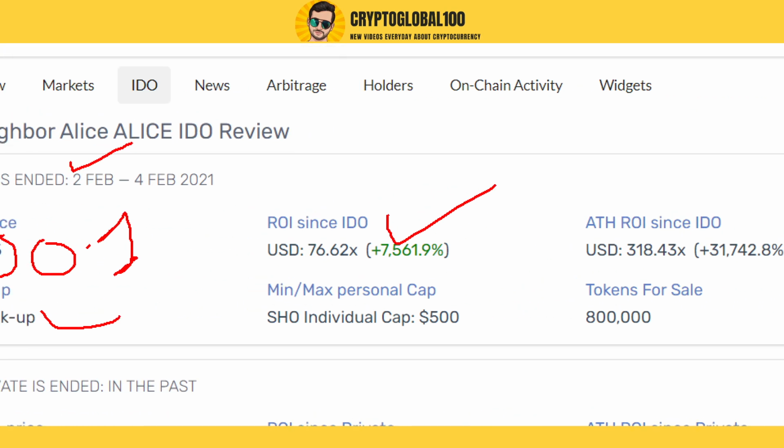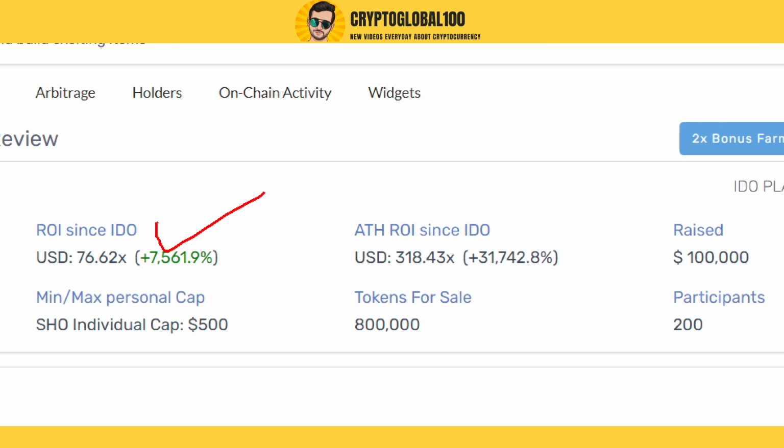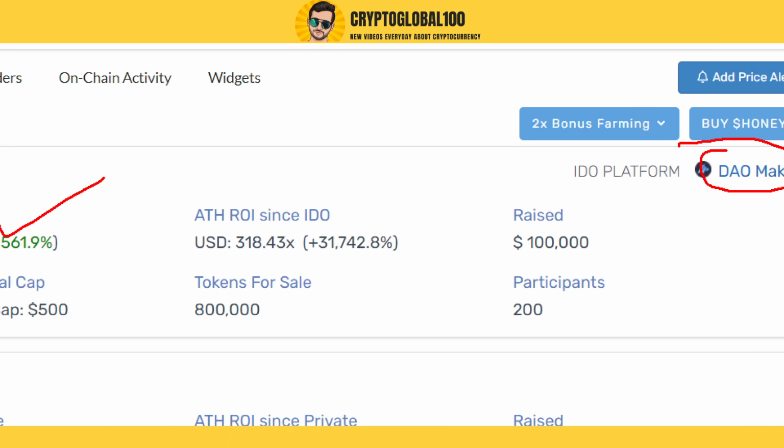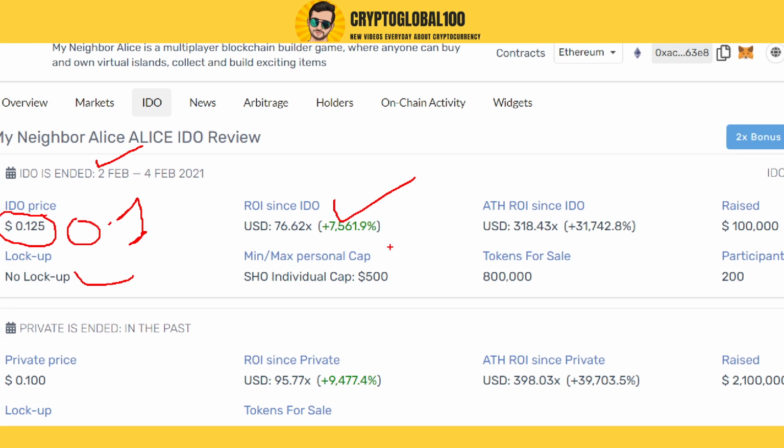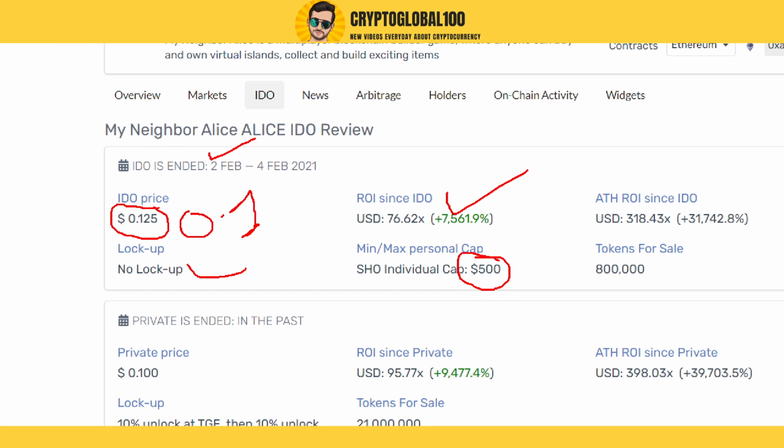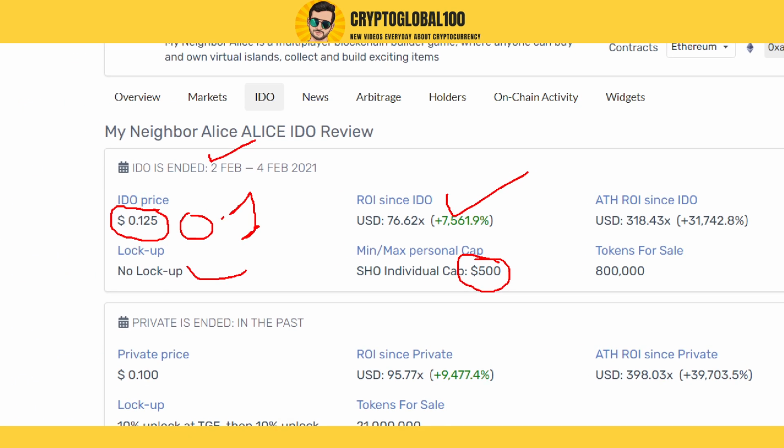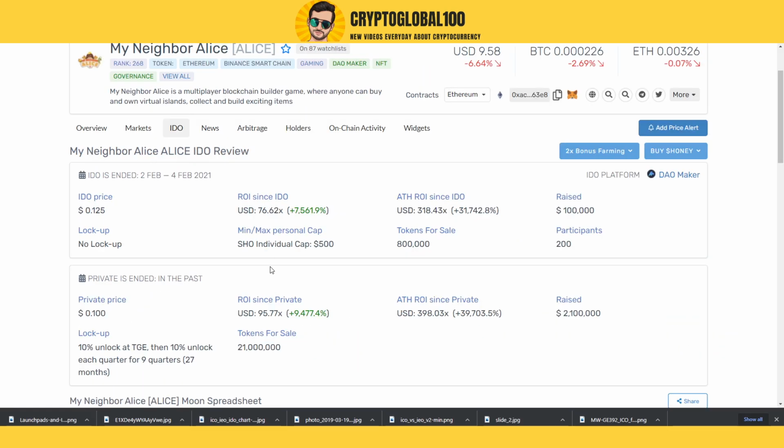So you can see if you could have invested, you know, $500. Let me show you the cap here. This was the cap, a $500 investment, and one coin was worth 0.125. I'm very bad at math, but you get the idea.